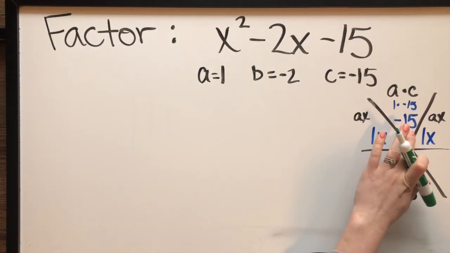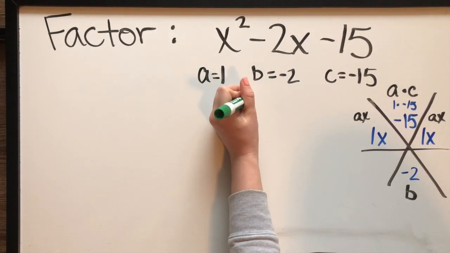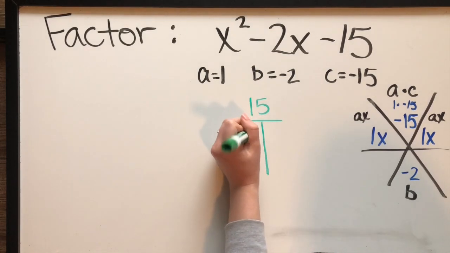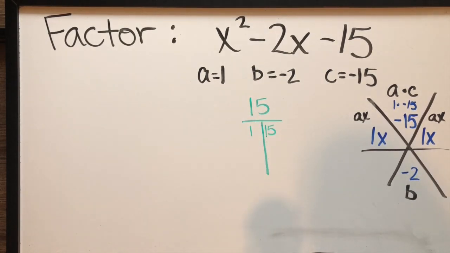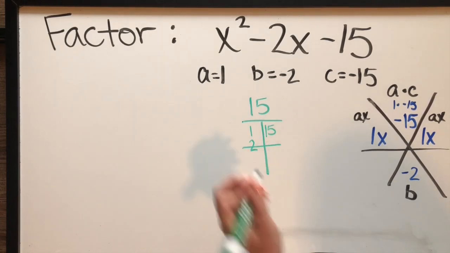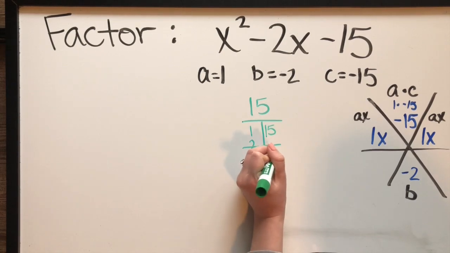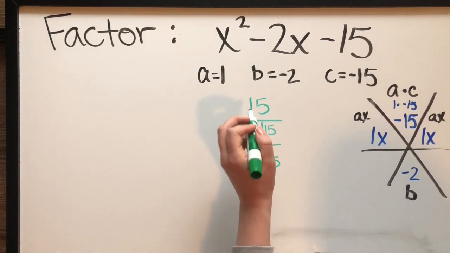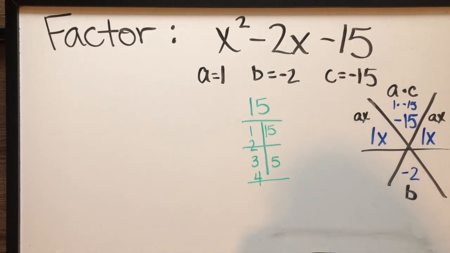So remember, to fill in the factors, we always make a T-chart for the number on top. So I know that 1 times 15 creates 15. 2 doesn't work. If I divide 15 by 2, I get a decimal. 3 times 5 creates 15. And again, if I divide 15 by 4, that doesn't work.